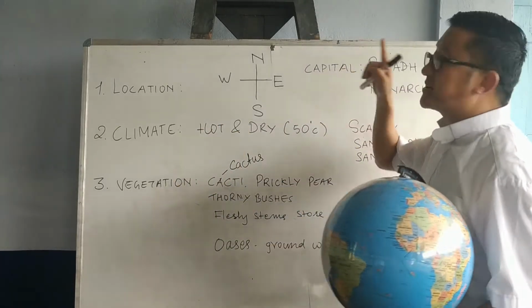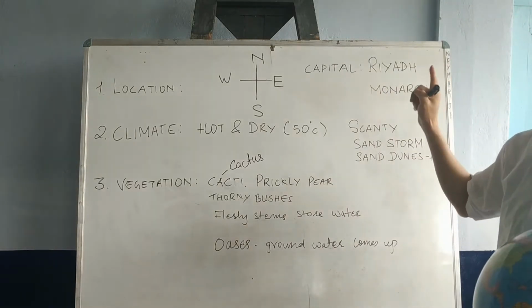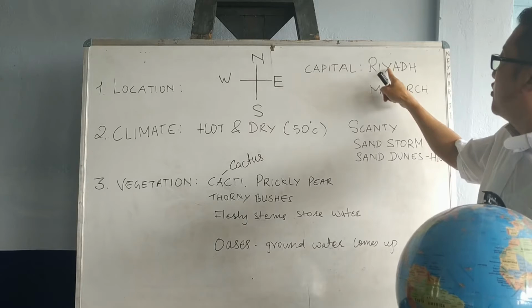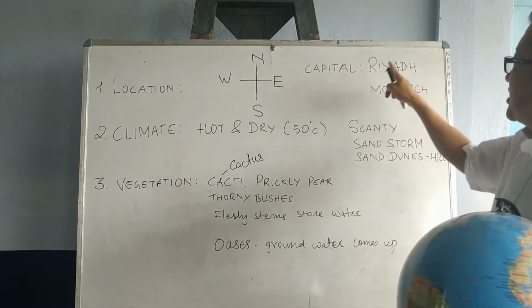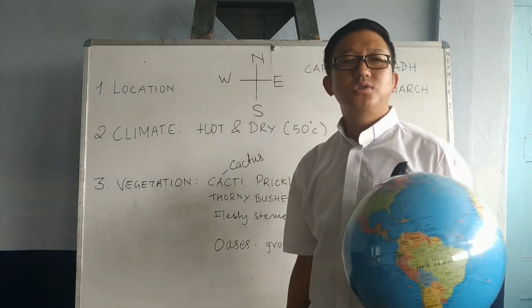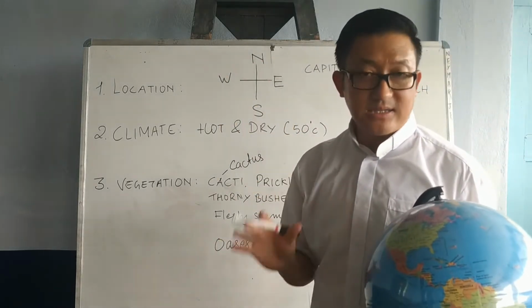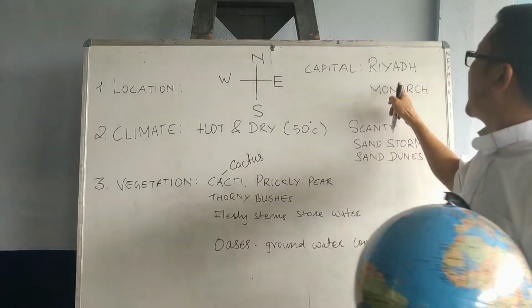Alright, the capital city of Saudi Arabia is Riyadh, R-I-Y-A-D-H. Riyadh. Okay, and this country is ruled by a king, and this king is called a monarch.